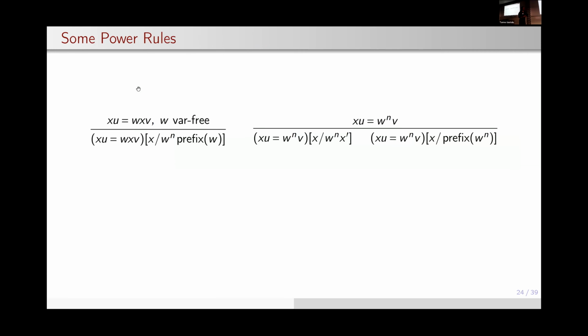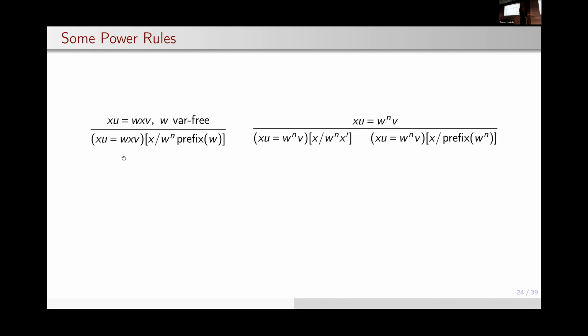Okay. Well, there are plenty of rules because now we have to also consider all combinations of a variable against the power term against the character, and so on and so forth. So let's focus on only 4 of them. If you're interested to look at the paper, there we have a nice table of all combinations. But this here is just the rule I showed you before. We can introduce a power by just saying, oh, there's a prefix that is variable free.